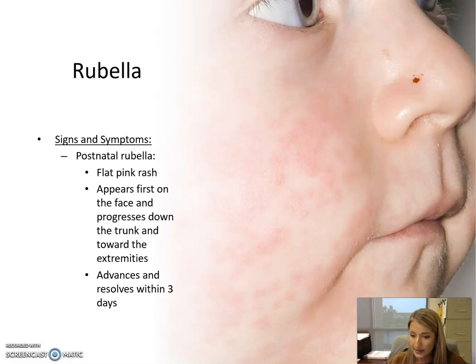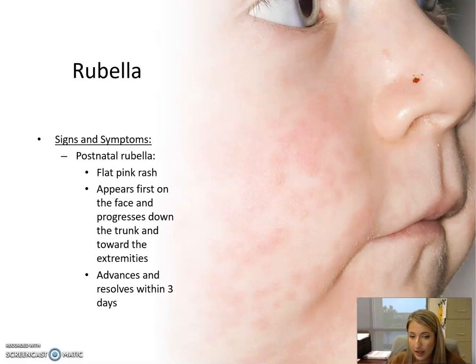They'll be completely asymptomatic. However, in the individuals that do contract it and do show signs and symptoms, really the only thing they experience is a flat pink rash. It's a rash such as the one pictured below. In this picture, it typically does start out on the face and neck because of the respiratory transmission, and then eventually progresses throughout the rest of the body.